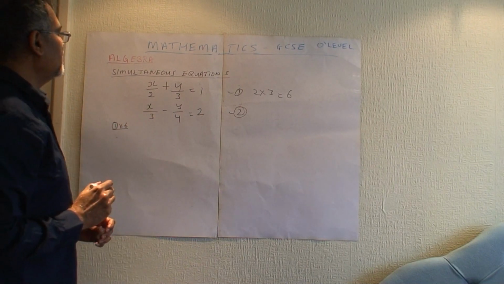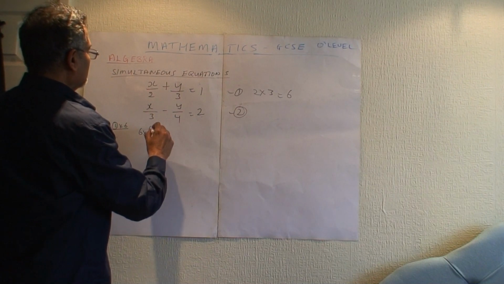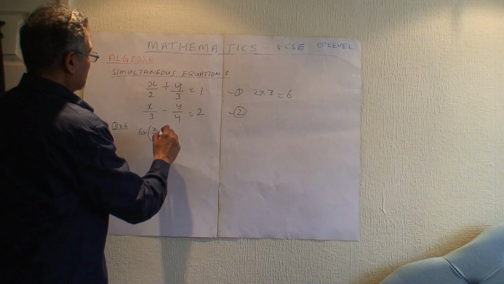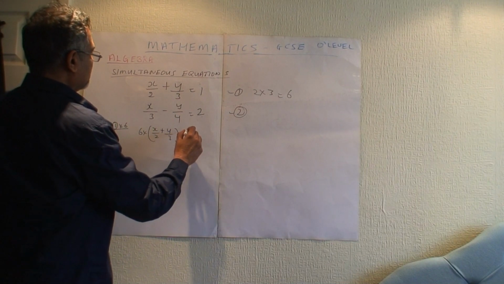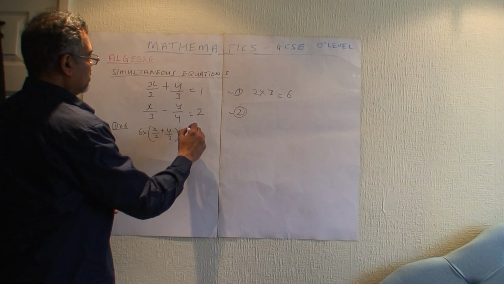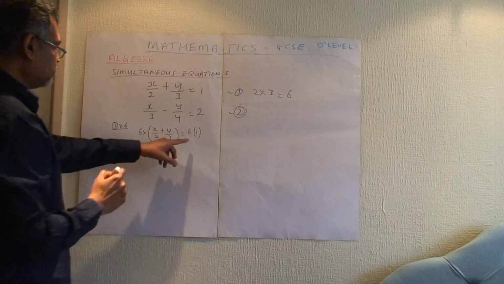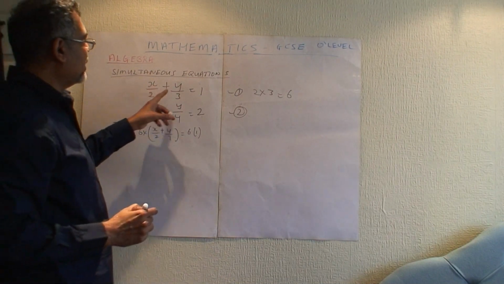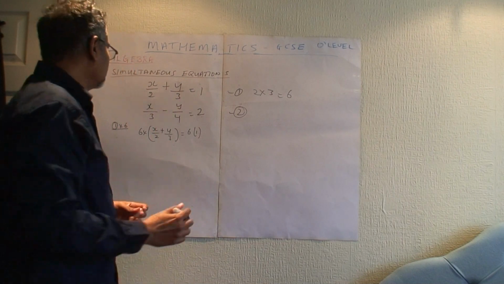Okay, and when we do that, 6 is multiplied by x over 2 plus y over 3. And then we obviously multiply the 1 by the 6. So we multiply both sides of the equal sign by 6.